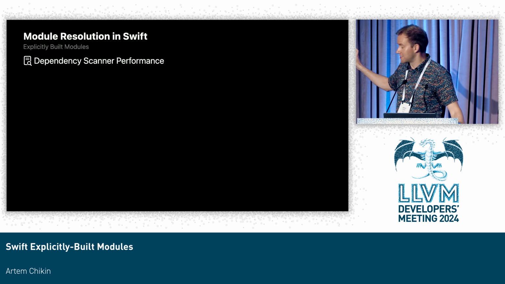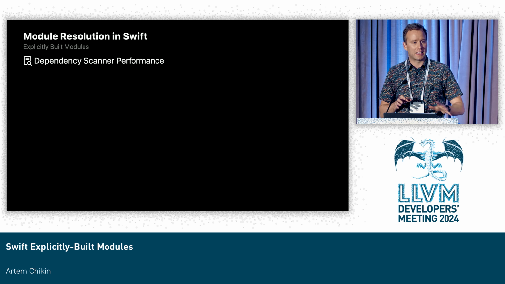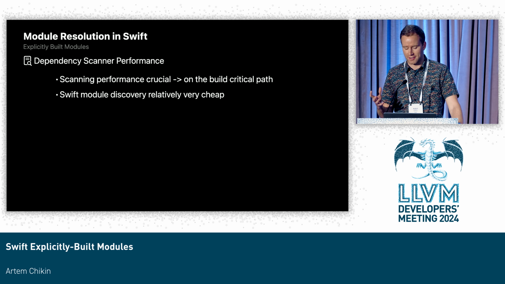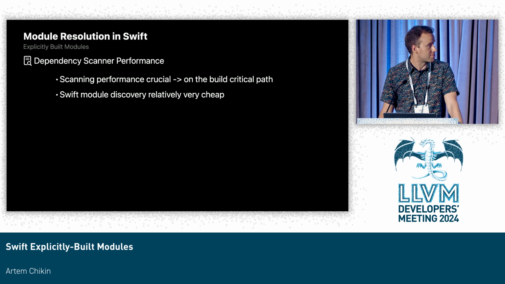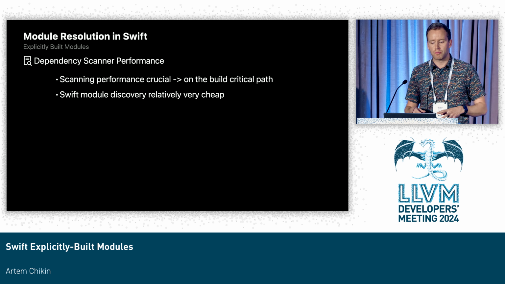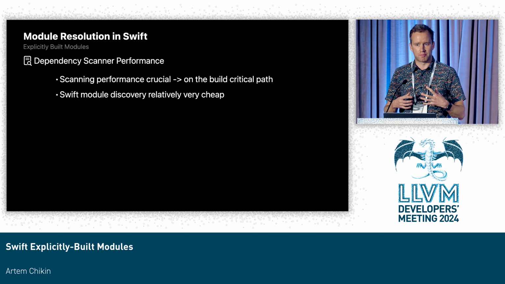But to unlock that parallelism, you do need to run this bottleneck task that first needs to compute this graph. As we've studied performance characteristics of this process, we've discovered that Swift module discovery is relatively very cheap. One reason is that Swift is a fully modular language from the get-go, and it's also more restrictive in the kinds of things that module interfaces can express.